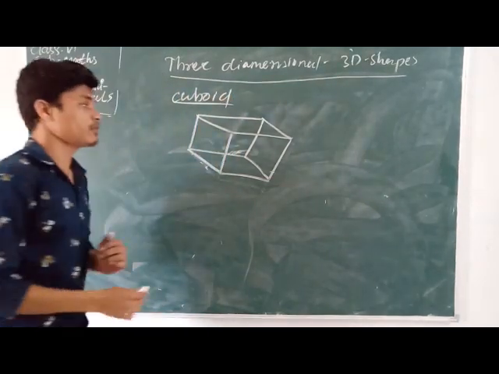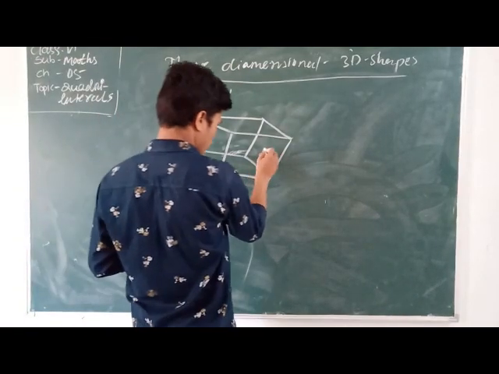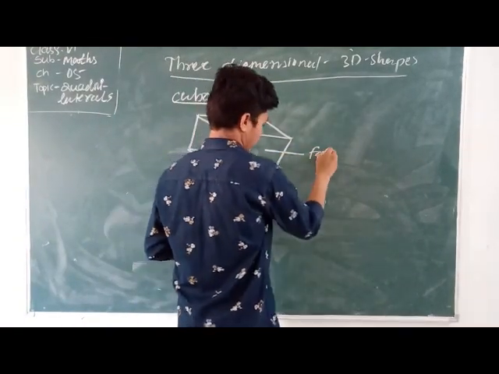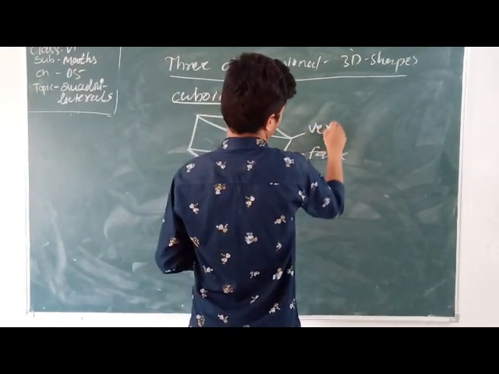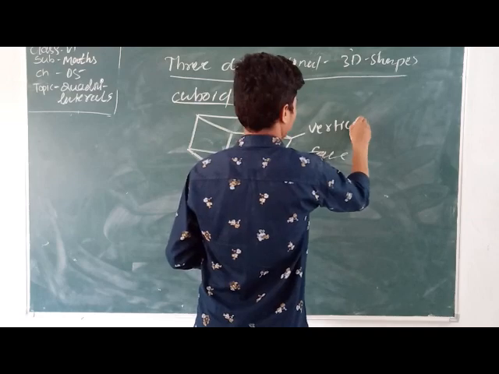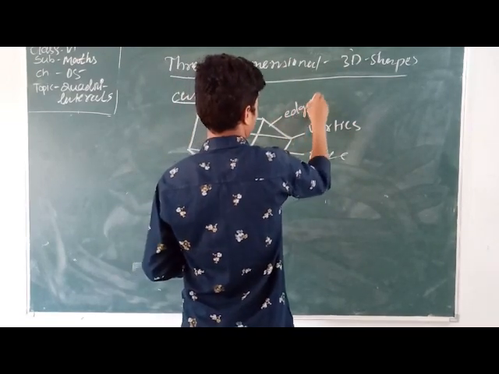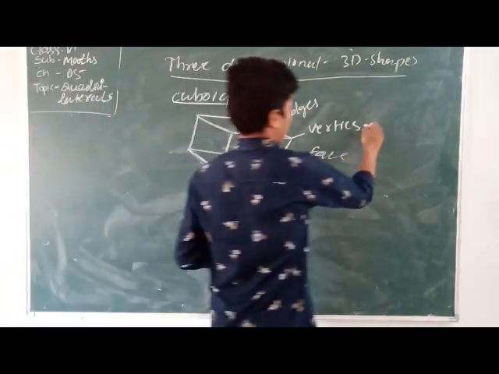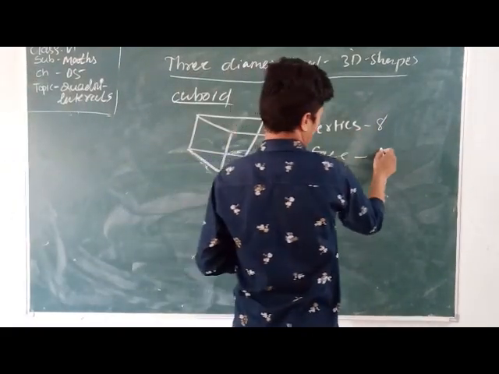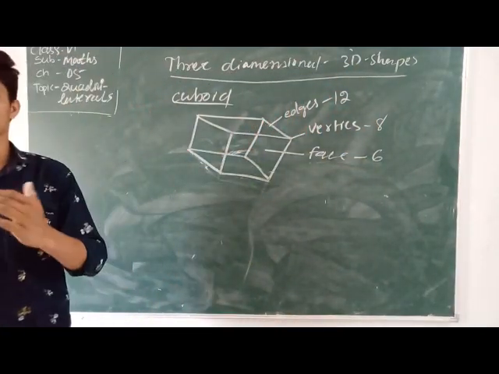Cuboid is a 3D shape. Then what are the faces, vertices and edges here? These are the faces. Vertex. Then edges. How many vertices are there? 8 vertices. How many faces? 6 faces. How many edges? 12.